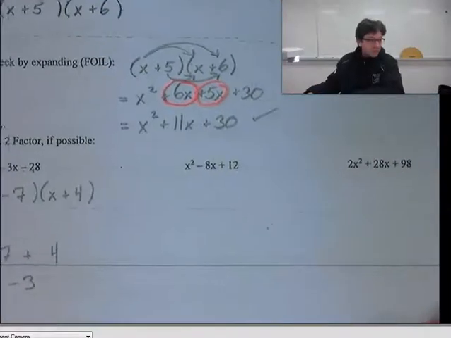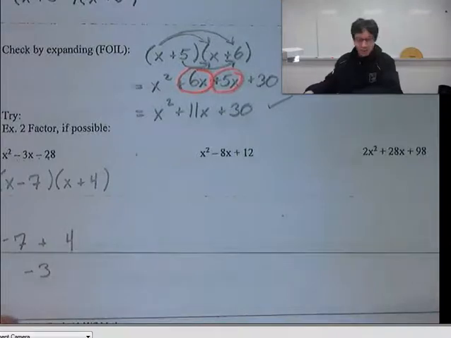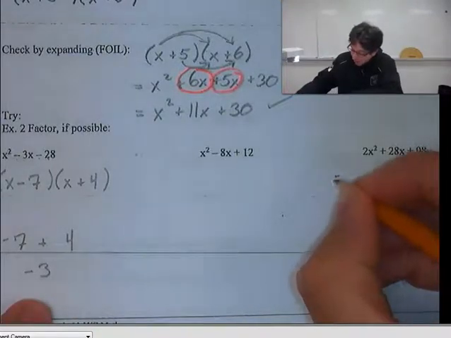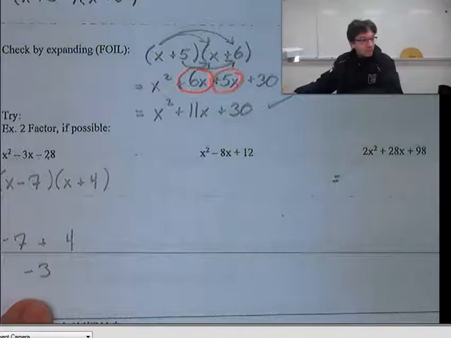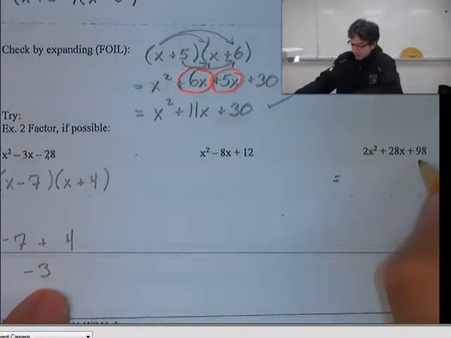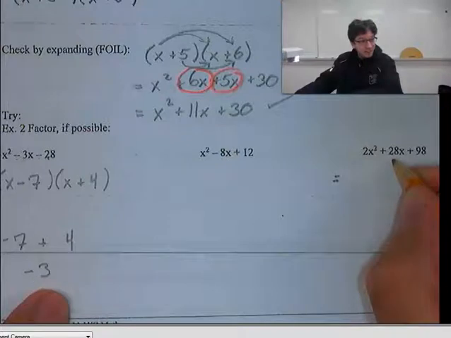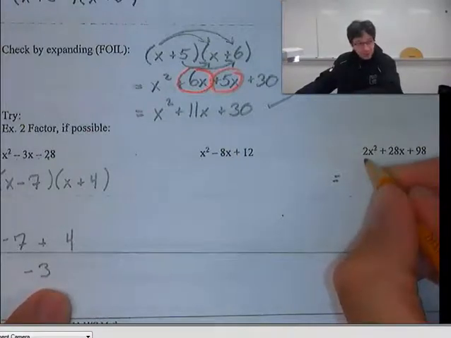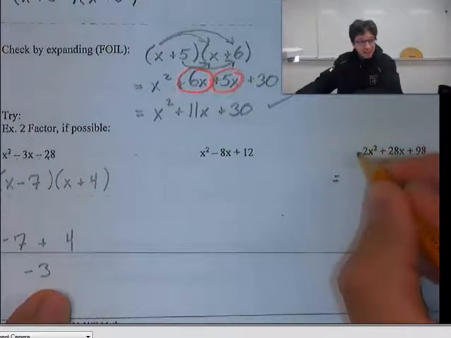But one tip that I can give you, I already mentioned this, but always, always, always, before you start trying, for this example, to say what are two numbers that multiply to give 98 and add to give 28? First of all, that strategy won't work because this is not a simple trinomial. The value of a here is 2.